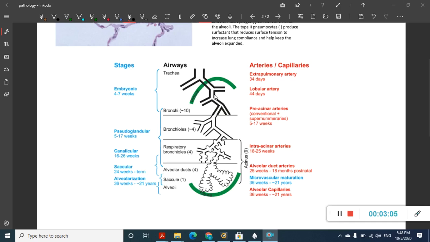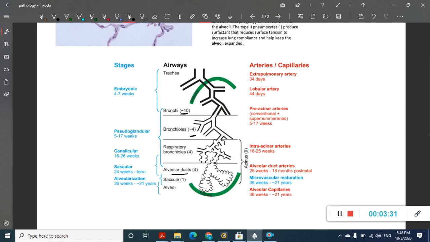The bronchi divide about 10 times, and these bronchi divide to form the bronchioles, which have almost 4 divisions. Then we have respiratory bronchioles, and finally alveolar ducts, which connect the respiratory bronchioles to the alveolar sacs.